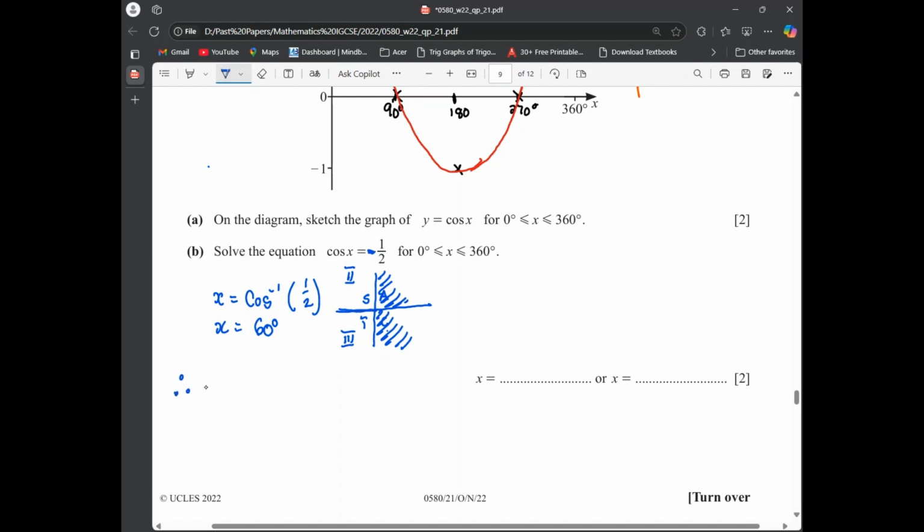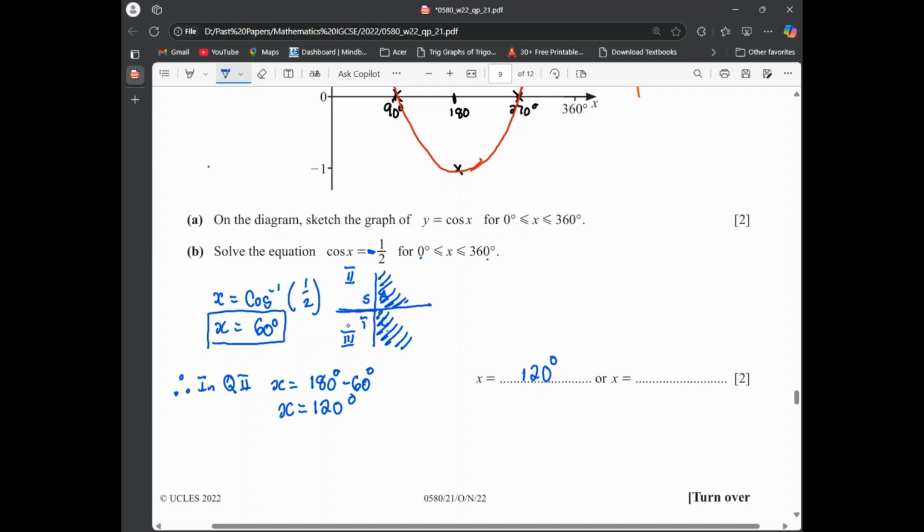Therefore, in quadrant 2, x equals 180 degrees minus the reference angle. We found our principal angle, or reference angle, as 60 degrees. So x equals 120 degrees. So one of my x's is 120 degrees. Now this is from 0 to 360, so all 4 quadrants are allowed, but in this case 2 quadrants are not allowed.